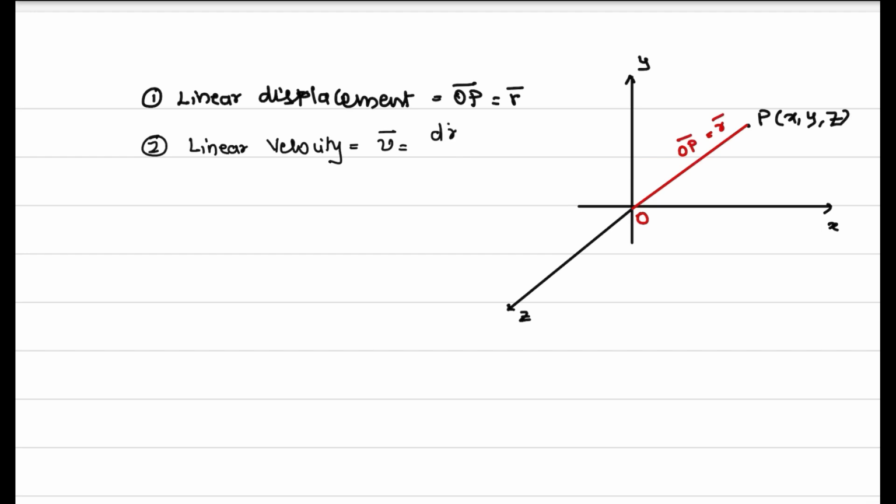That means dr by dt. Third quantity is linear acceleration. It is denoted by A, that is d square r by dt square, or it can be dv by dt.